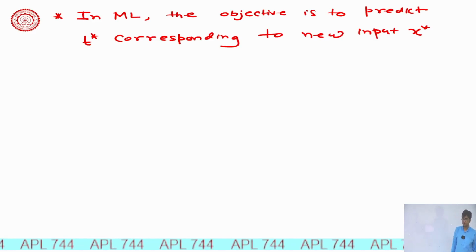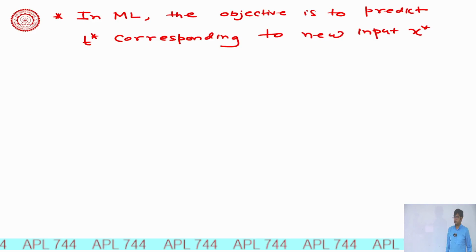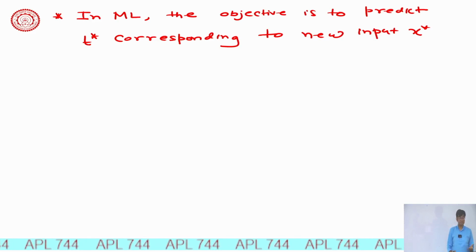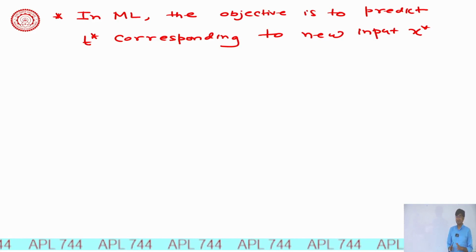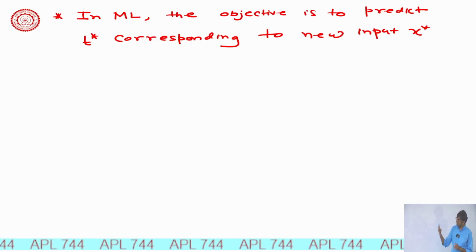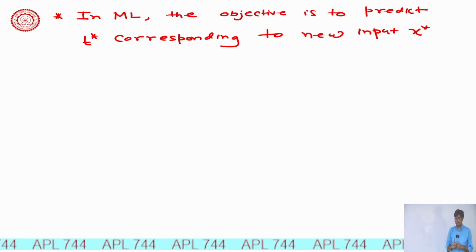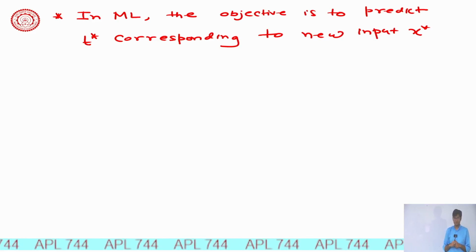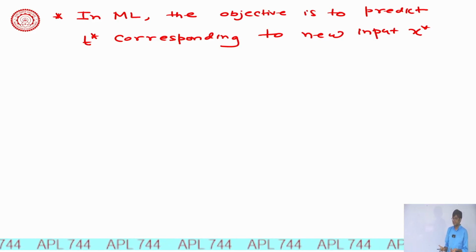This is your objective. Now, this is the objective in normal machine learning. In probabilistic machine learning, what should be your objective? It should still be something to do with t, but it now should be in a form of probability distribution.